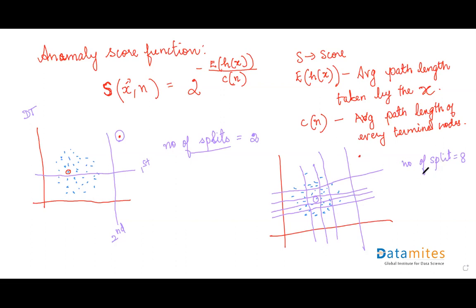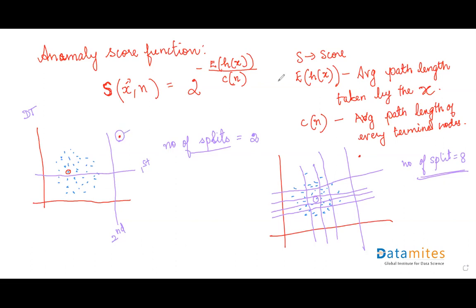The isolation forest will take many splits in the case of an inlier data point. So for this the path length will be more, and for this the path length will be less.